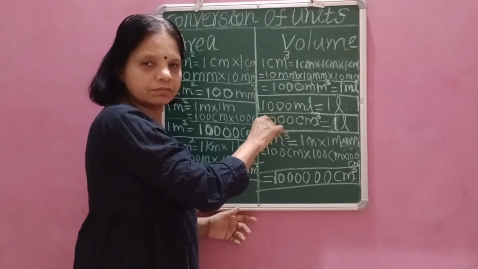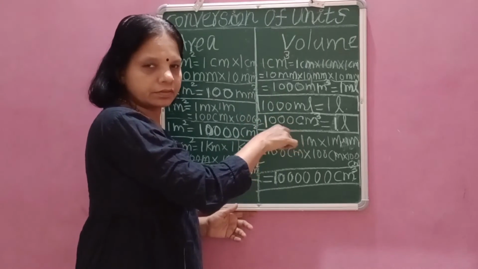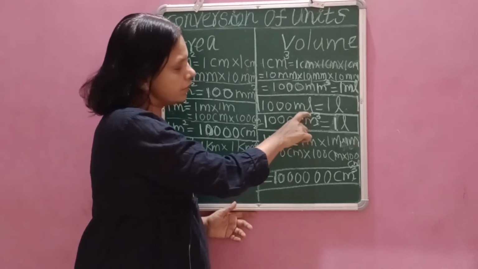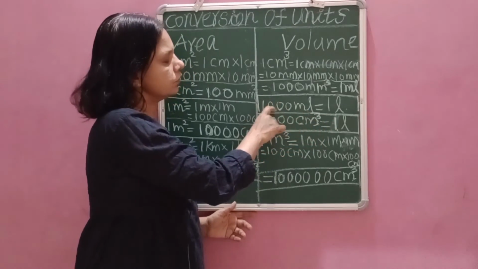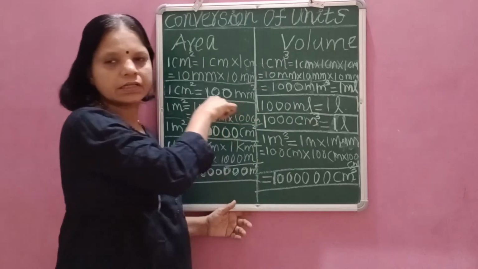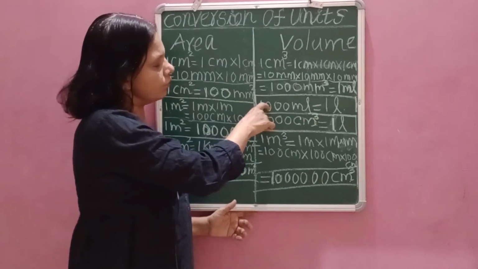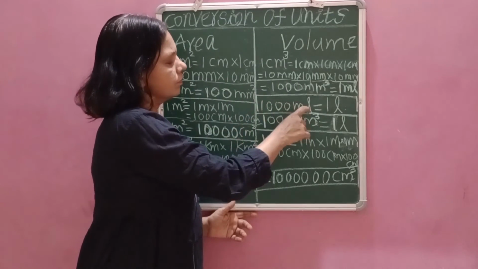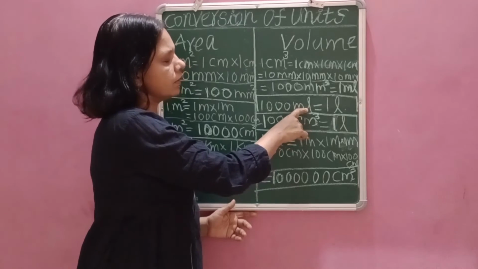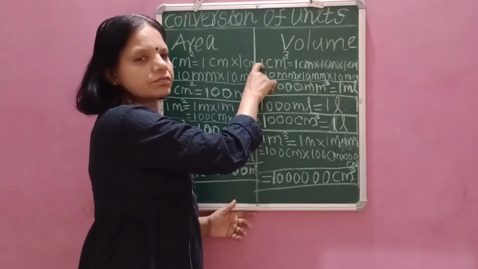Volume of liquid is measured in milliliter and liter. So how will you convert milliliter into liter? 1000 milliliter equal to 1 liter. But 1 milliliter is also equal to what? 1 centimeter cube.